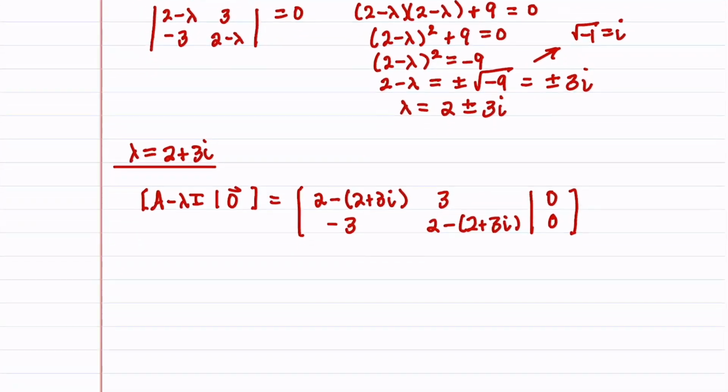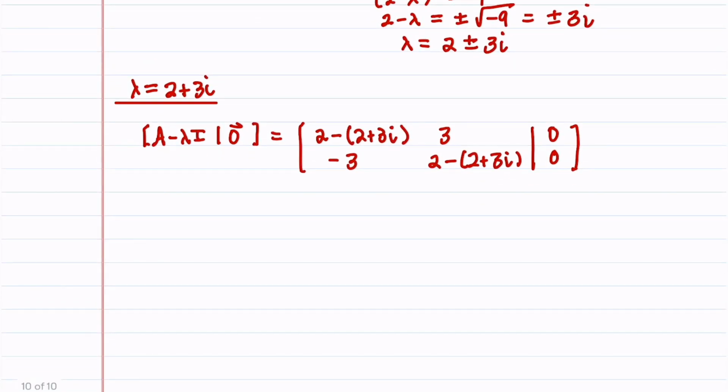Now we can move our page up. Let's simplify this. So this gives us a minus 3i, a 3, a minus 3, and a minus 3i. Just to make things easier, let's divide row 1 and row 2 by minus 3.